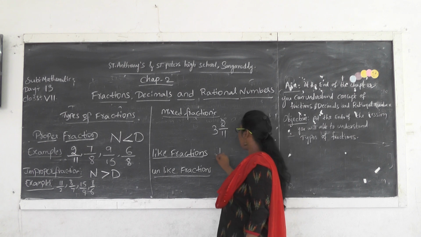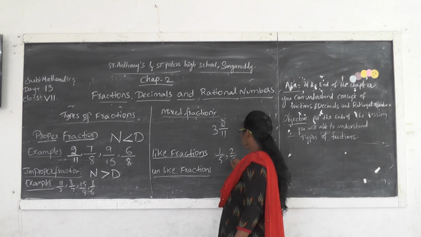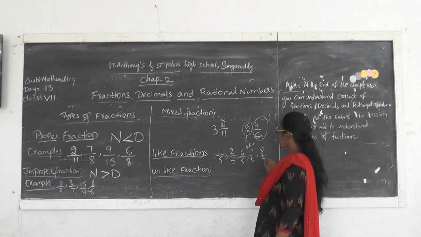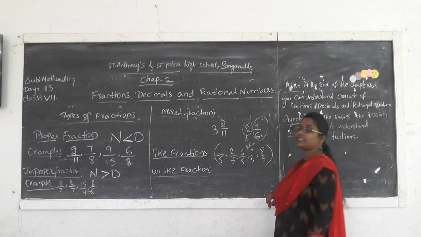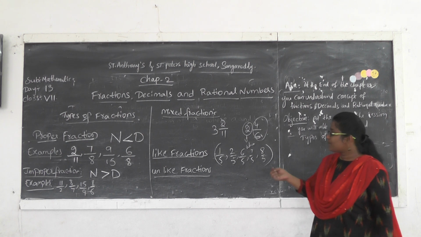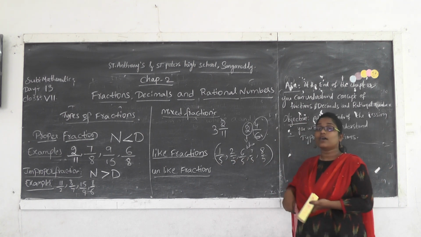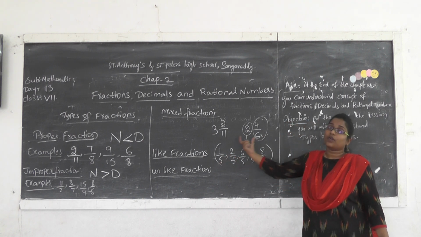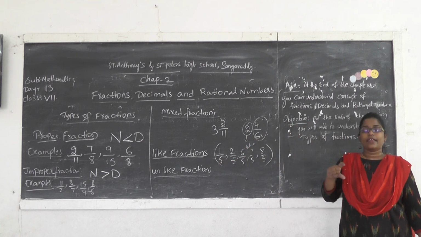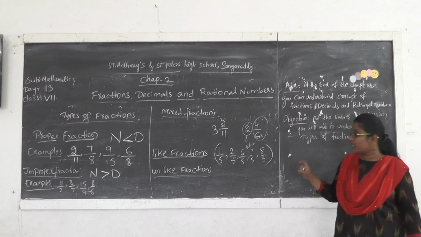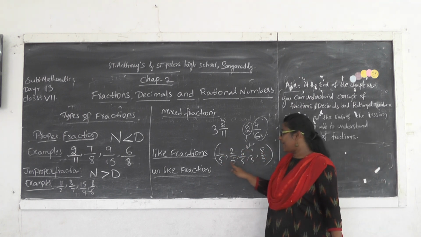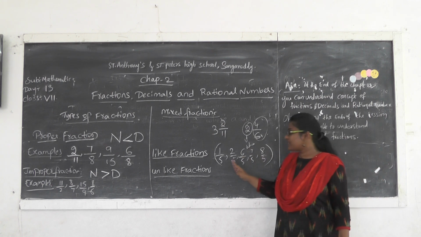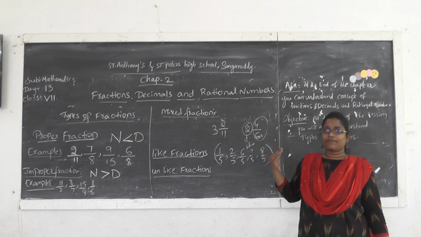For example, 1 by 5, 2 by 5, 6 by 5, 7 by 5, 8 by 5. This group of fractions comes under like fractions because all the denominators are the same. The group of fractions with the same denominator are called like fractions.